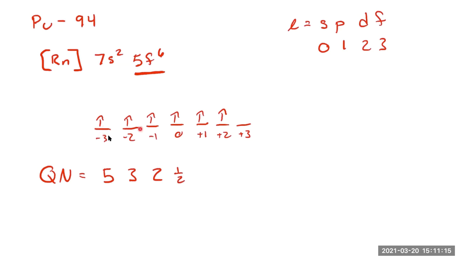And then we can also see here we have 6 unpaired electrons. 6 unpaired electrons means paramagnetic. And if you write the NLX notation, which we forgot to do, that's going to be 5f6.